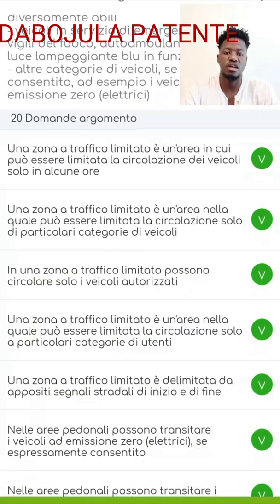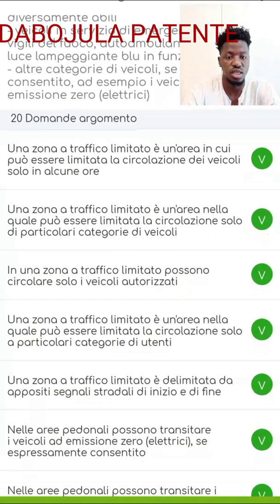Una zona a traffico limitato è un'area in cui può essere limitata la circolazione dei veicoli solo in alcune ore. We said that traffic limited areas are areas in which vehicles will not be allowed to transit in certain hours of the day.